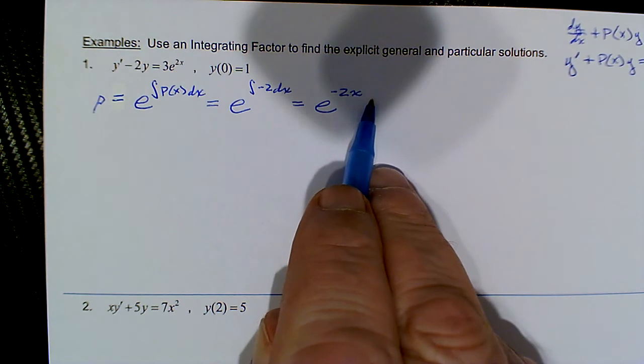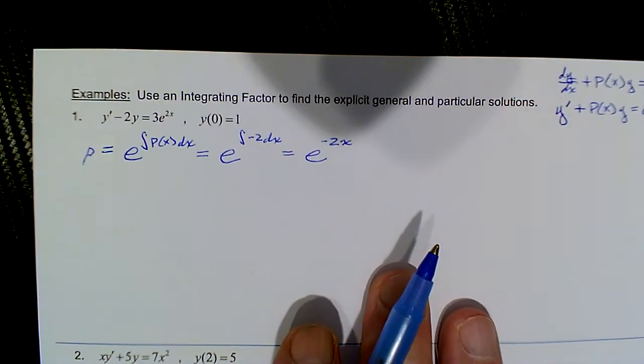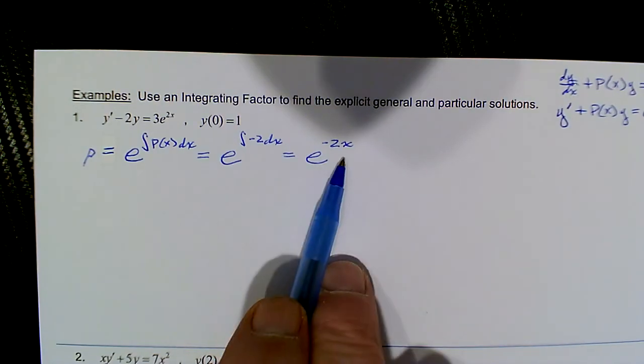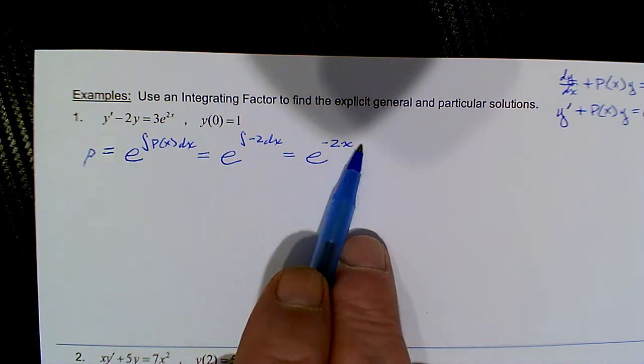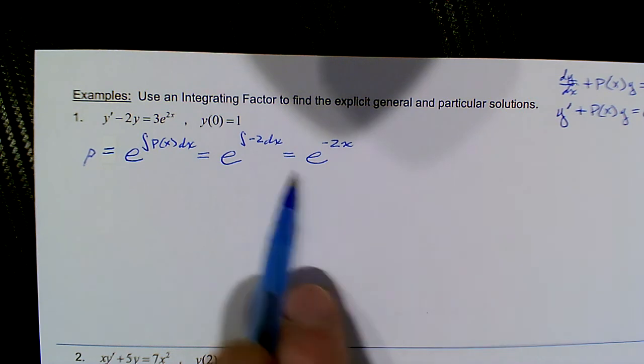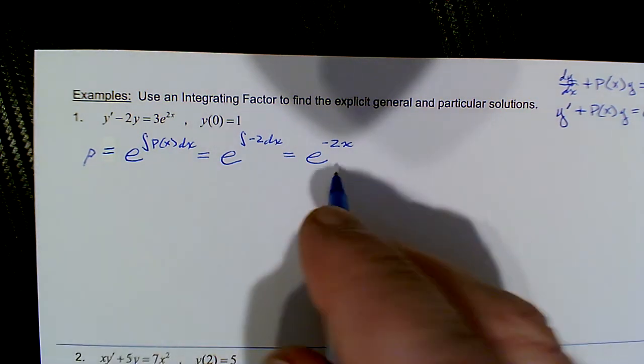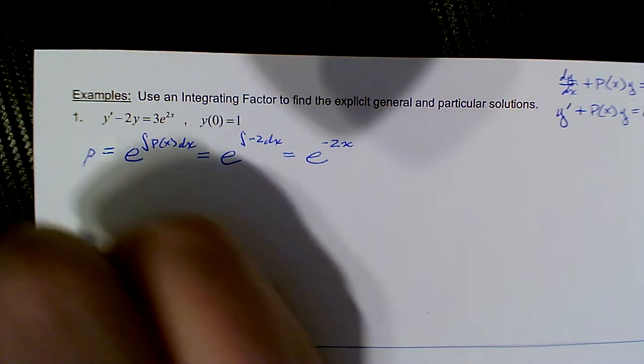Now we don't add a constant of integration here, and it can be argued easily that even if you did, you'd be able to prove the same result, but it's not necessary to add a constant of integration to the integrating factor. So we just get e to the -2x.